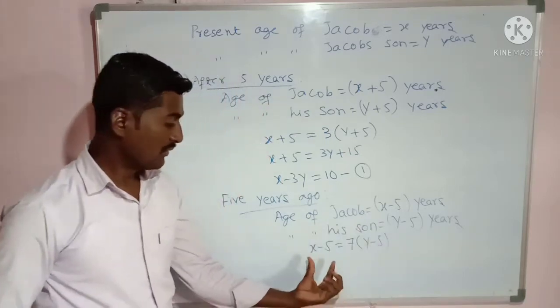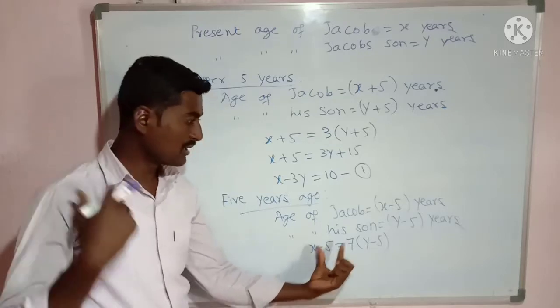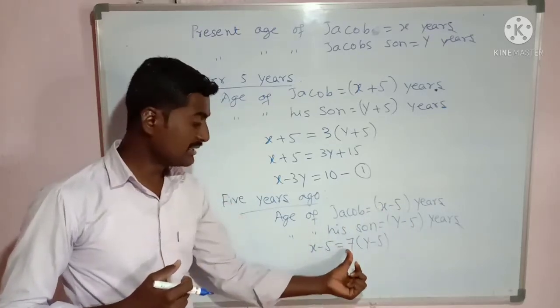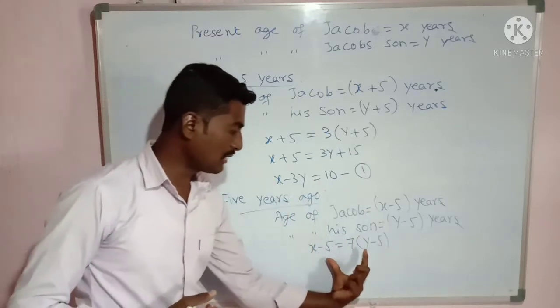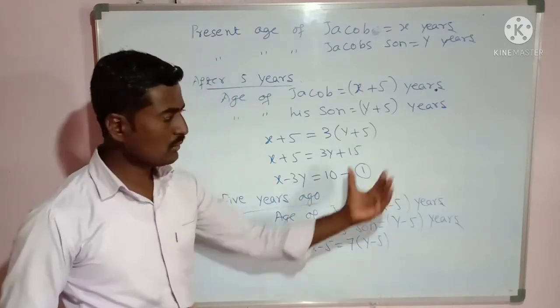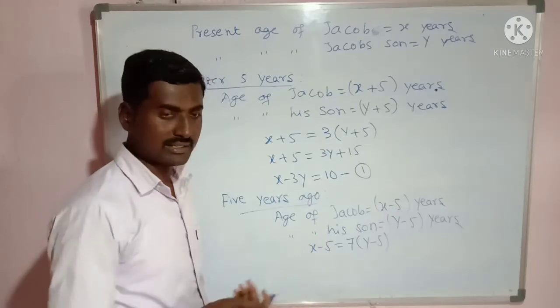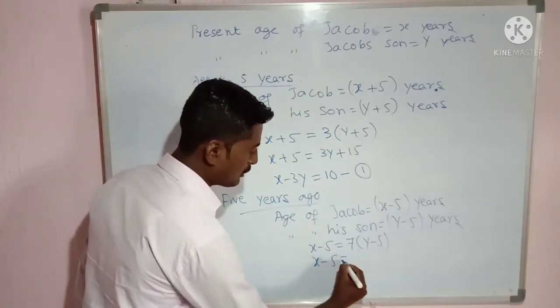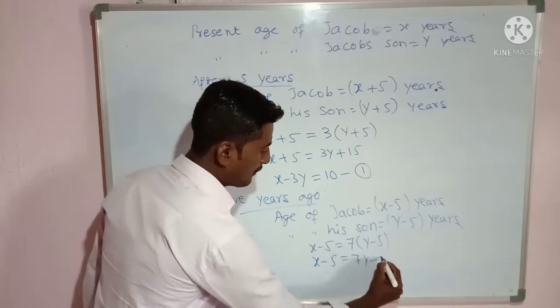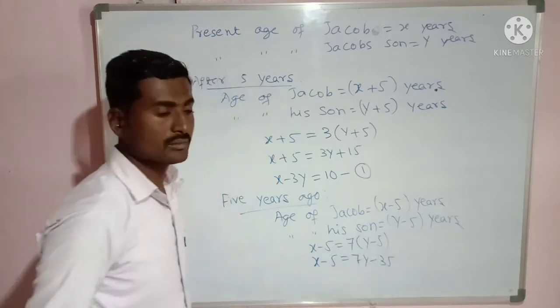Understood? So similarly, we have to simplify this. Simplification: x minus 5 is equal to 7y minus 35.